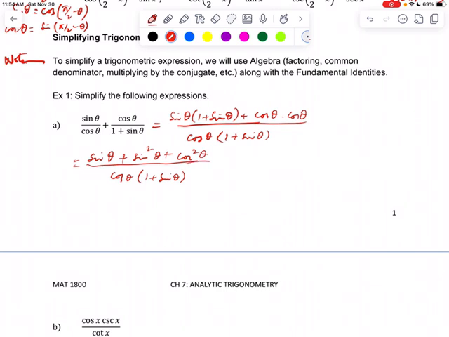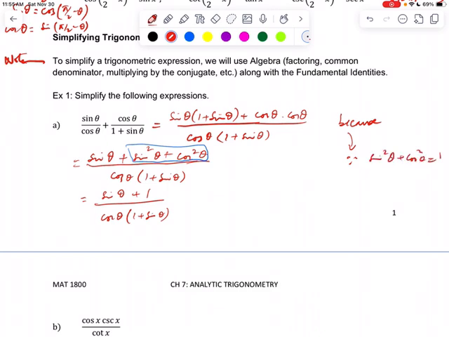Now note that these two, from our identity, will be equal to 1. So we can write this as sine of theta plus 1 over cosine of theta times 1 plus sine theta. And why did I write that? I can say on the side, because, I hope you know this is the symbol for because, sine square theta plus cosine square theta is equal to 1.